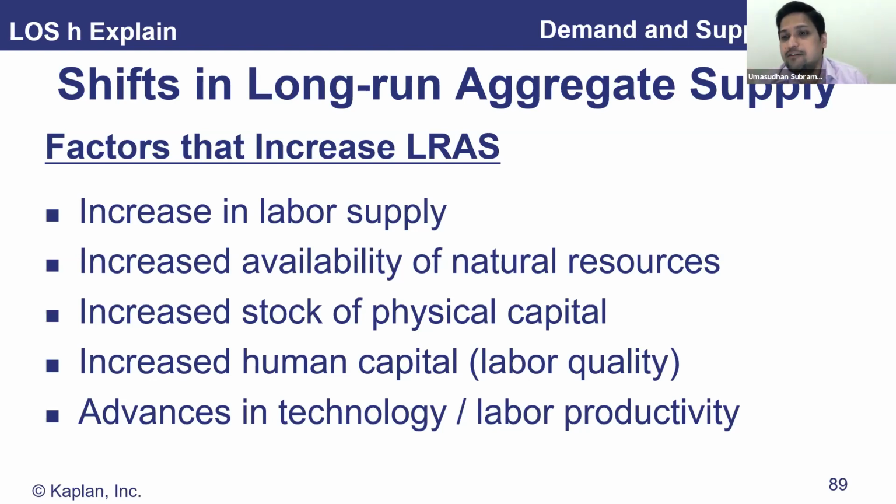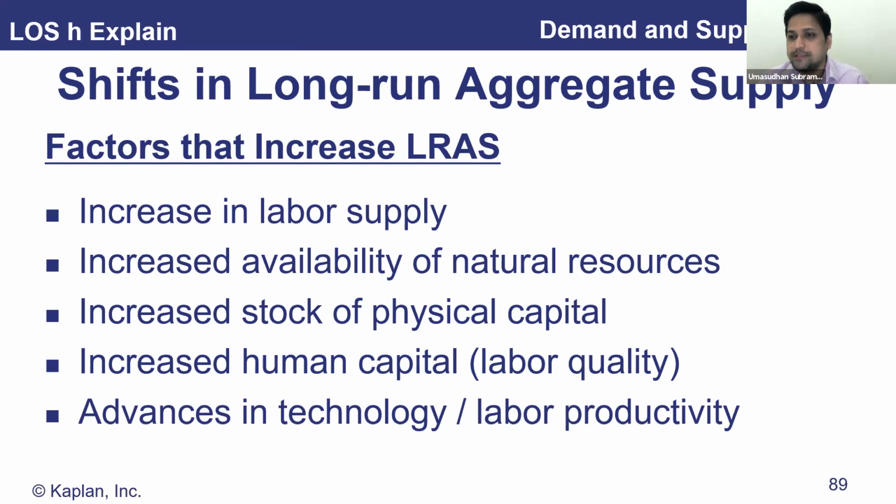So you want to discover new natural resources that can help you increase long-run aggregate supply, because long-run aggregate supply, why do you think it is perfectly inelastic? Because you can't change it. But if you increase the natural resources, you increase the physical capital, fixed assets and things like that, that can help you. Okay, look at this. The last 2, I really like it.